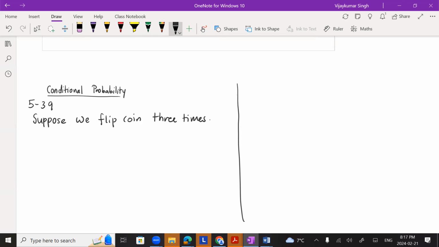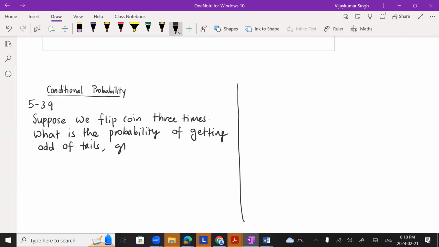What is the probability of getting an odd number of tails, given that the first throw is a tail?